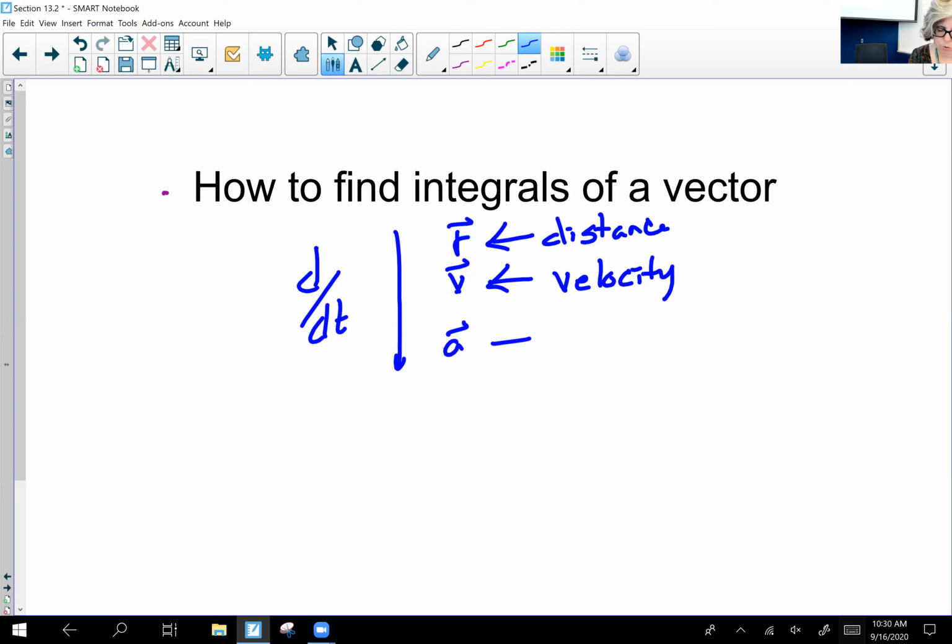And when we take the derivative of the velocity with respect to t, we then get our acceleration vector. Now, I know your physics person told you there is no such thing as an acceleration vector. And that's because he wasn't working in 3 dimensions, I'm guessing. But in 3 dimensions, you do have an acceleration vector.